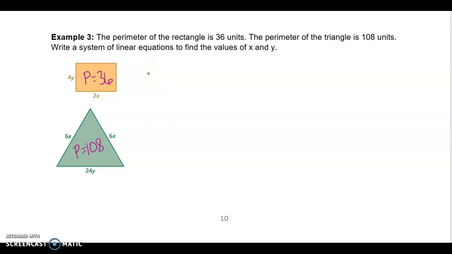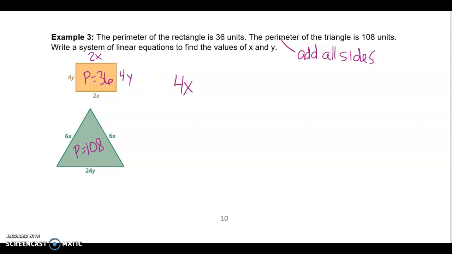So perimeter, you add all sides. It's the distance all around. So add all sides. A common mistake here is to just put these two down. However, this rectangle clearly has 4 sides. So we've got a 2x on the bottom and a 2x on top.